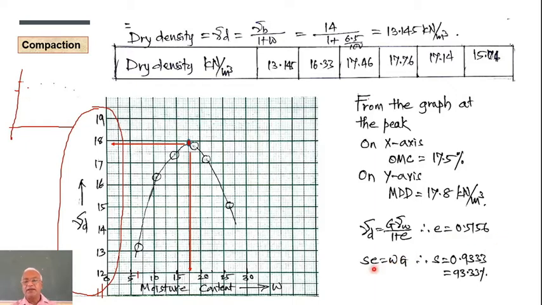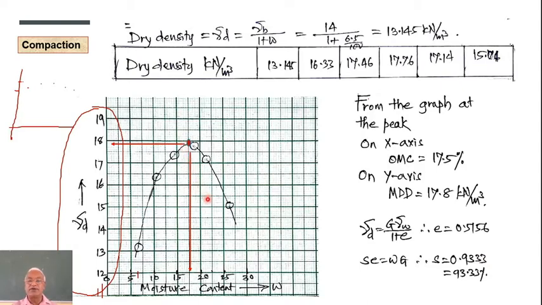The void ratio comes out to be 0.5156. Then by using the equation S into e equal to w into G, I can calculate S. Here e is known, w is the OMC 17.5, and G is given in the problem. Substituting, I can say that it is 93.33%, which is the degree of saturation.